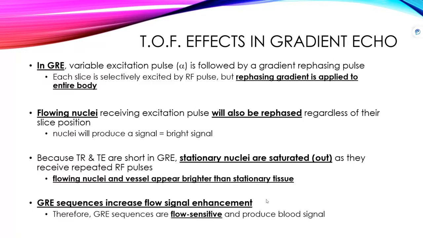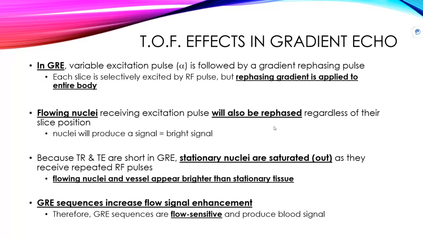The reason for that is because flowing nuclei are going to get that variable excitation pulse at the beginning of the sequence. And regardless of where they are in the slice, whether they're in the slice or out of the slice, they're going to get rephased. And remember, in order for any nuclei to produce a signal, they have to get excited and rephased.